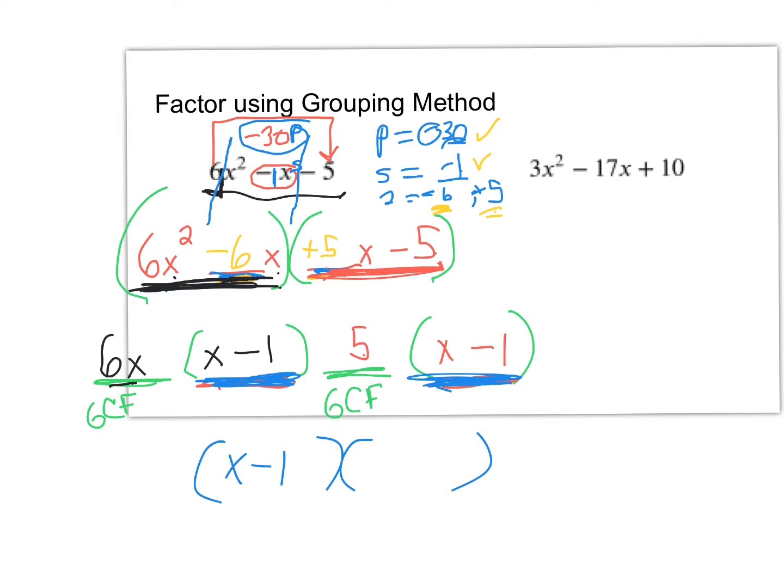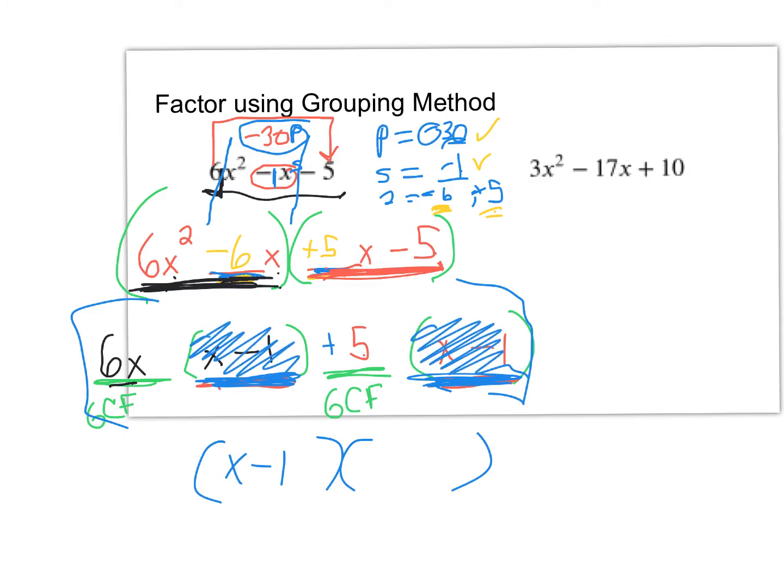Okay, the reason being is technically we're taking out the GCF of these guys, which is the x minus 1 because it's shared by both parts. Oh, sorry, that should be a plus here. I forgot the plus. So this is now used up. The second parenthesis, all the garbage on the outside left over. So in this case, you're going to have 6x plus 5. And there's that.